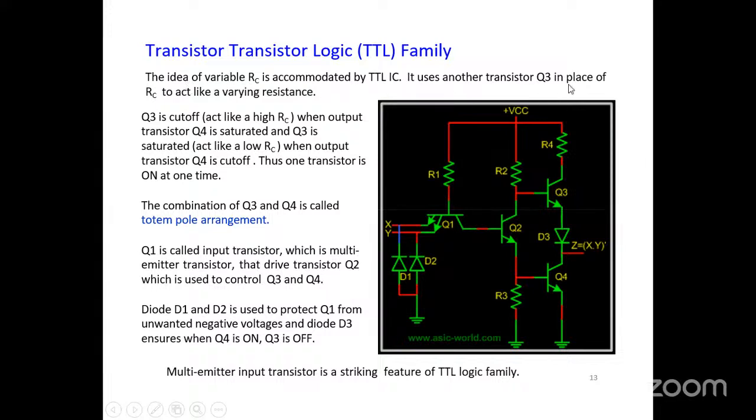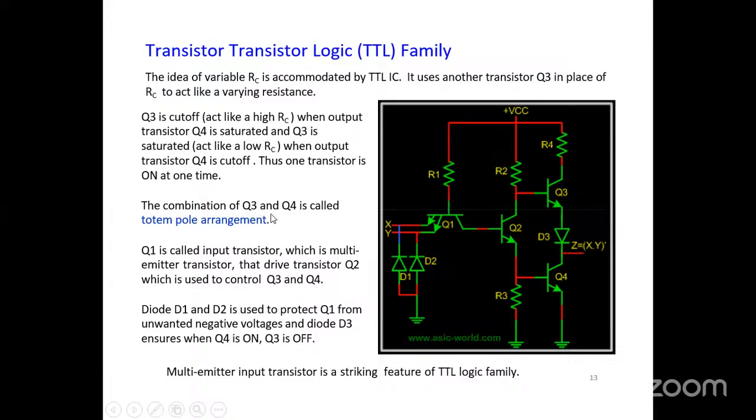It uses another transistor, Q3, in place of RC to act like a variable resistance. Q3 is cut off when the output transistor Q4 is saturated, and Q3 is saturated when output transistor Q4 is cut off. Thus one transistor is on at one time.